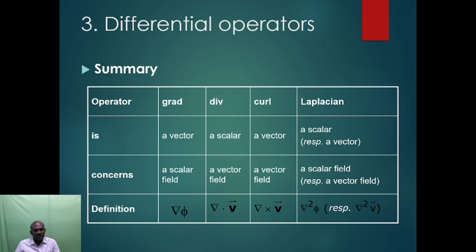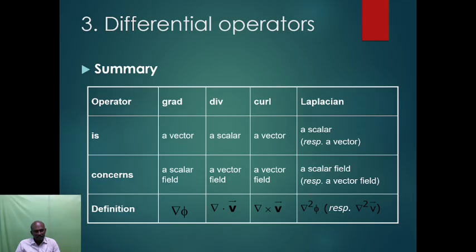So we have gradient, divergence, curl, and Laplacian. Gradient is a vector. Divergence is a scalar because it is the result of the dot product. Curl is the result of a cross product of two vectors, so it is a vector quantity. Laplacian is a scalar.